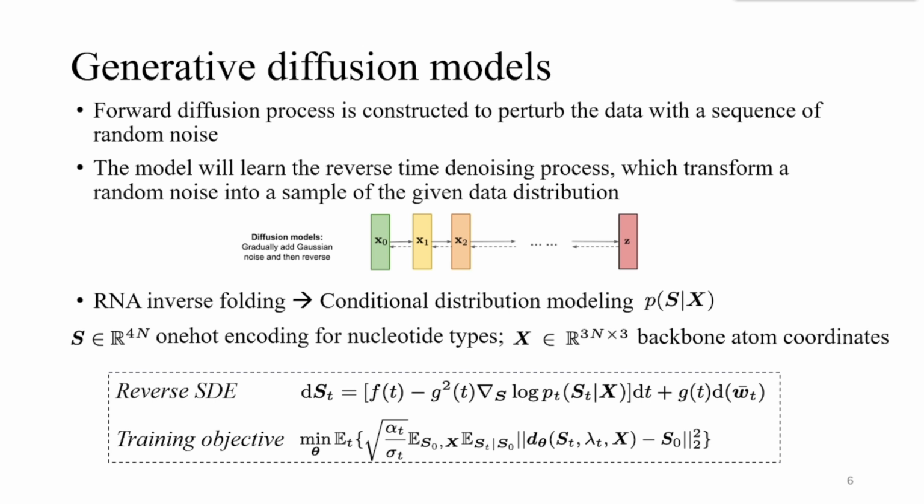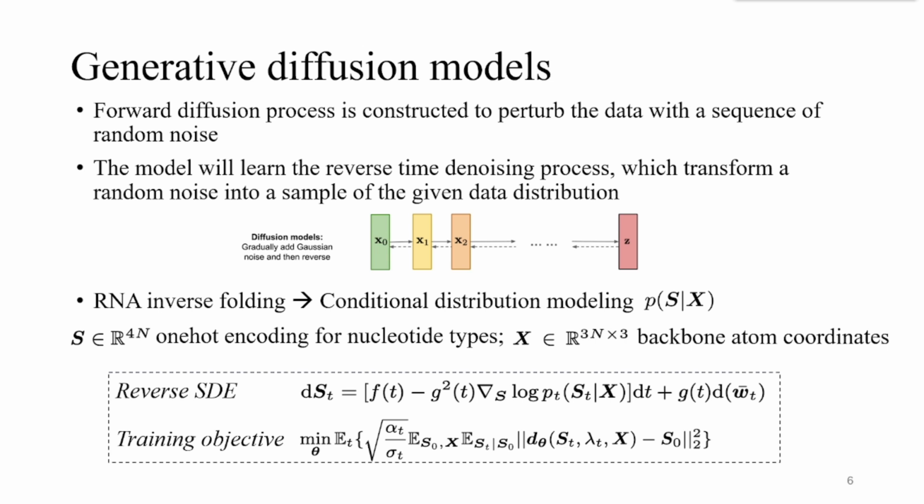In RiboDiffusion, we consider the RNA inverse folding problem as modeling the conditional distribution p(S|X), where S is the one-hot encoding for nucleotide types and X is the backbone atom coordinates.